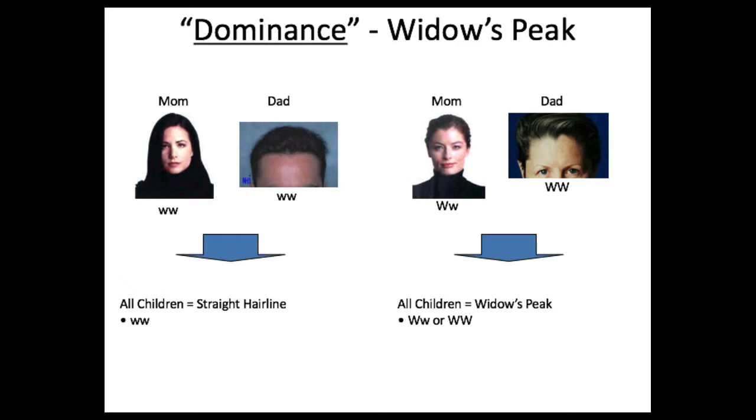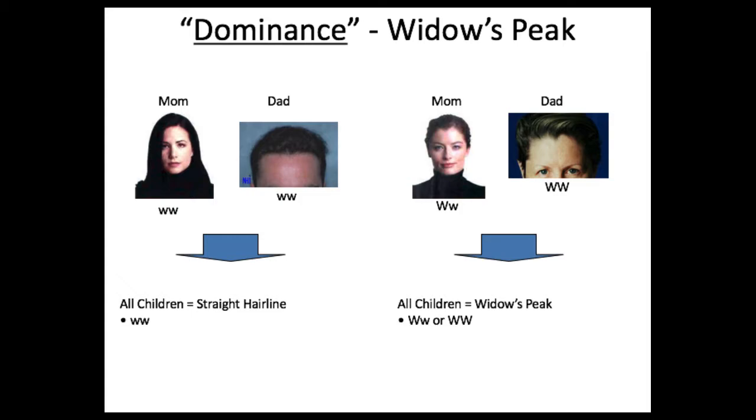Here's an example. You can practice doing these crosses. If mom has little w, and dad has little w, meaning they both have a straight hairline, then 100% of their children will have a straight hairline.